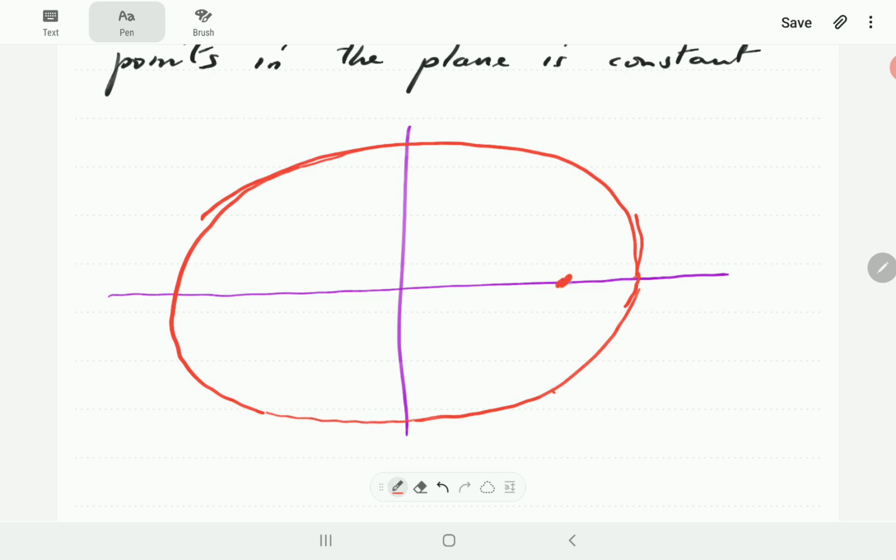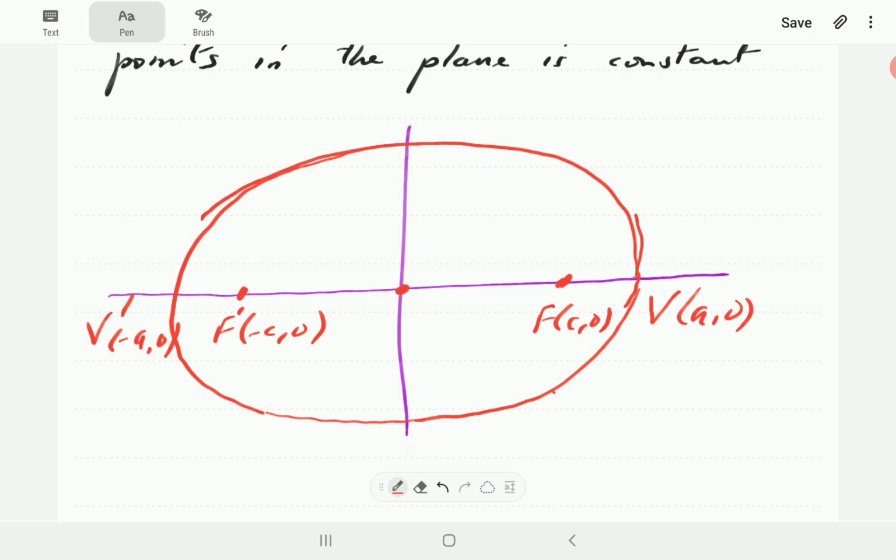In this setup, you have a focus there at (c, 0) and another focus there, F prime, at (-c, 0), and then midway between the two foci we have got a center. On this side we have got a vertex at (a, 0), and then there's another vertex on the other side at (-a, 0).